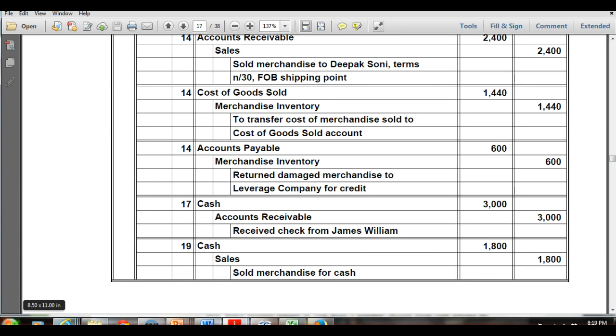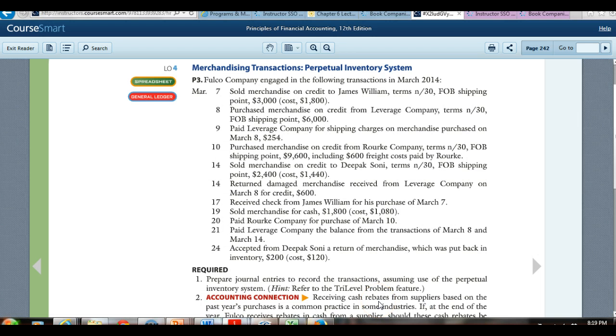Next, it says, received a check from James Wilson for his purchase on March 7th. What's going to happen? How much are we going to get?